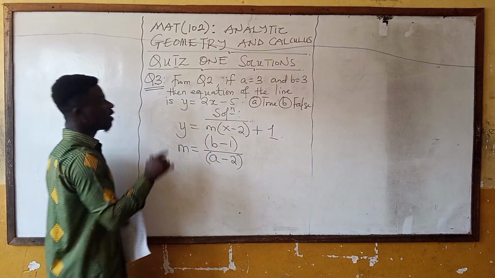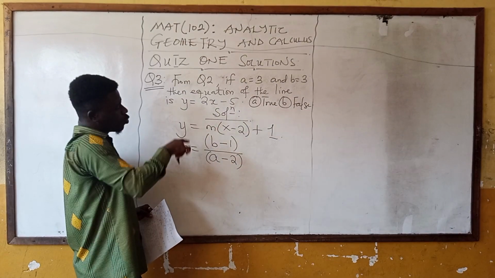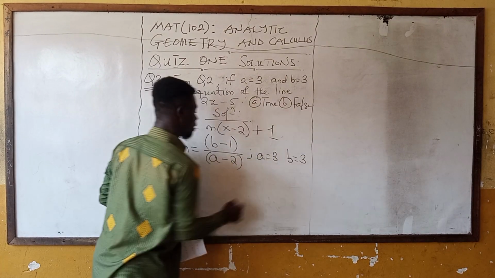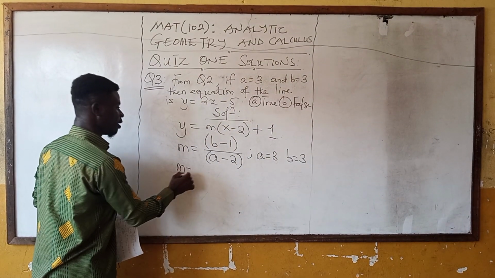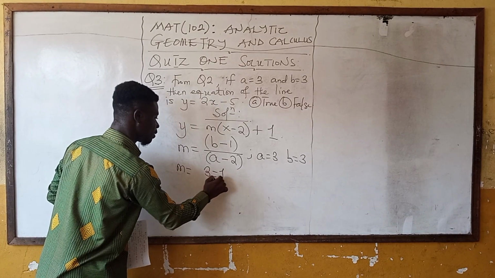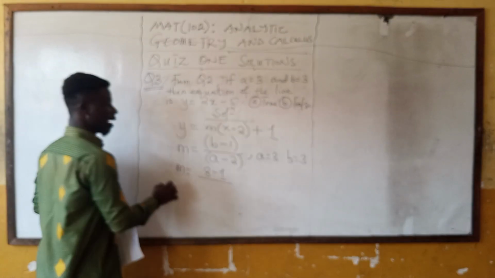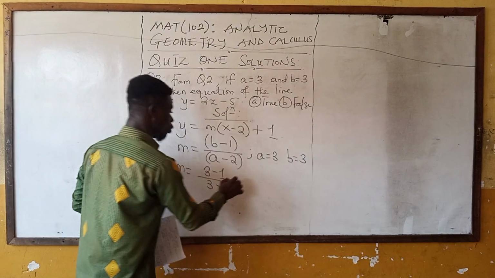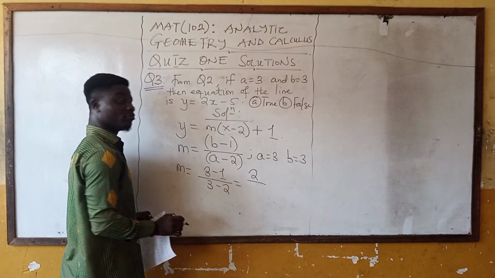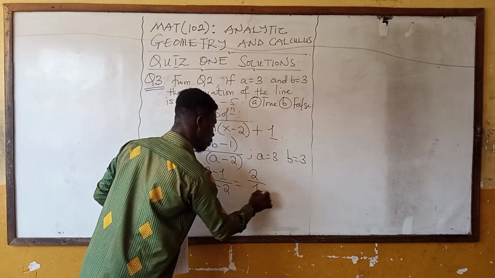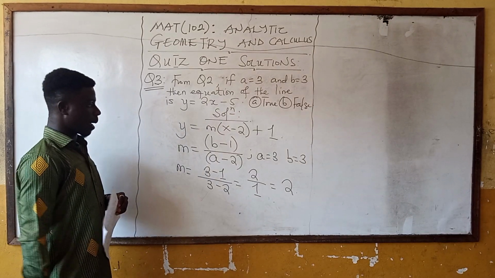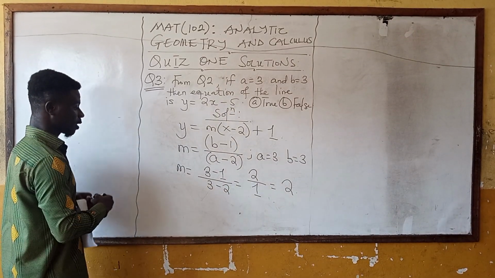So now, if they are giving us a equals 3 and b equals 3, then we can substitute in our values. B is 3 minus 1, divided by a which is 3 minus 2. 3 minus 1 we obtain 2, divided by 3 minus 2 we obtain 1. 2 divided by 1 we obtain 2.